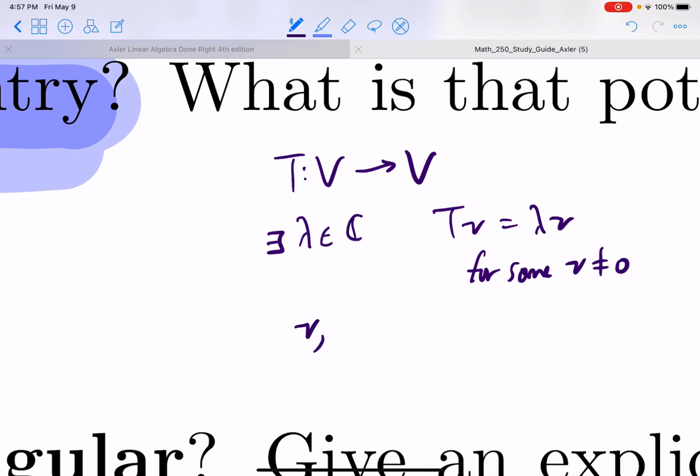So then just extend to a basis v, v2, v3, up to vn of the whole space. This is independent because it's non-zero. It's an eigenvector, and it's sort of like our v1, but I guess I called it v. And so we create a basis, and then we write M of T in this basis. Then for the first column, we take the first basis vector, and we write it in terms of all the basis vectors.